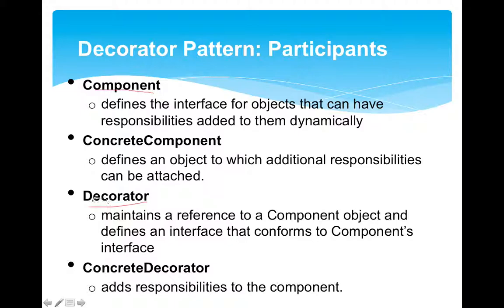So you can see the decorator as a responsibility and the component as the one receiving it. Those two are interfaces, and the concrete ones are specific classes depending on the specific application.